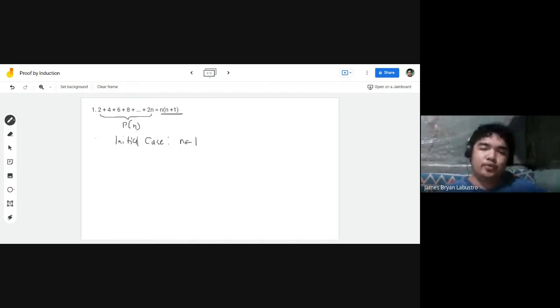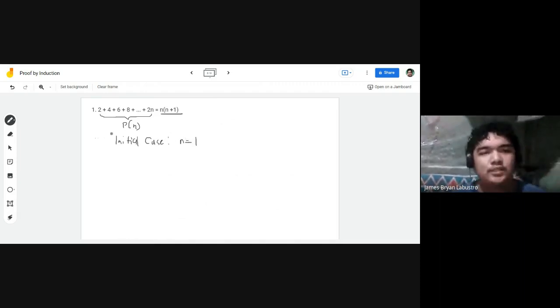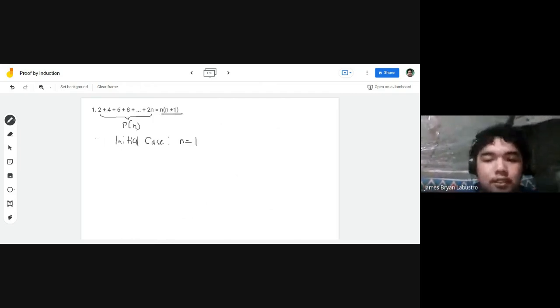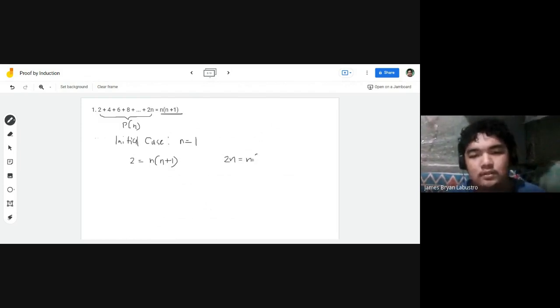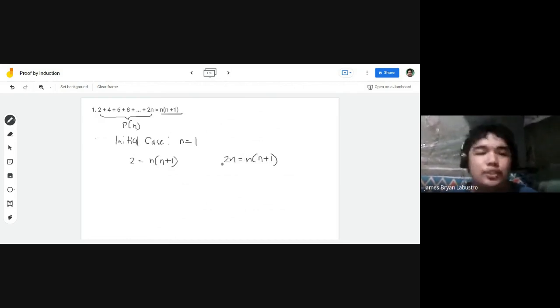To establish this, we have to show that the first term and this term are equal. So our first term is 2, equal to n times n plus 1. There are two cases to prove: you can use 2, or you can use 2n equal to n times n plus 1. So how are we going to prove it?